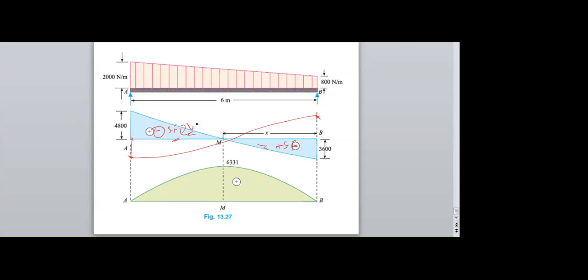So with this, I am concluding this section. Only the shear force diagram with an overhanging beam is left here.